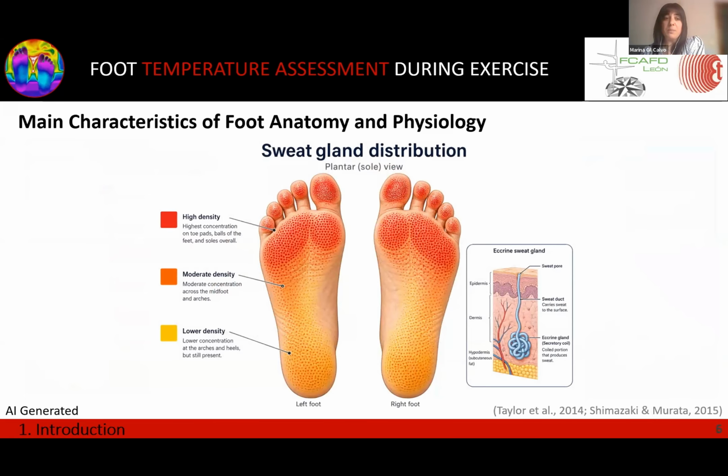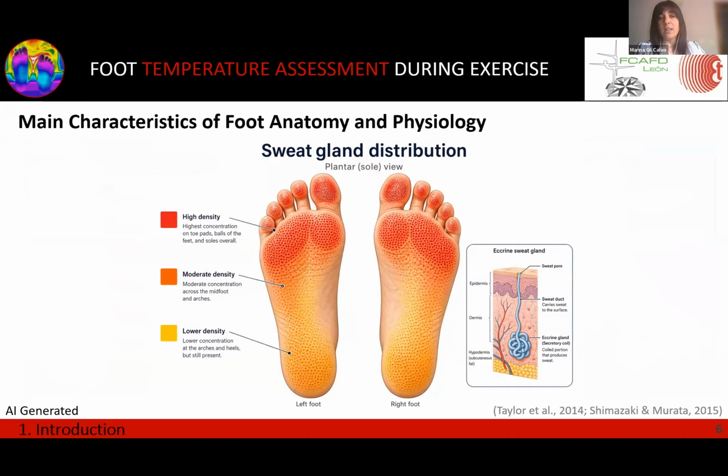In relation to perspiration, of course, this is the main mechanism for heat dissipation in the foot, because we have a high density of sweat glands, mainly located in the plantar surface of the foot. Approximately 80% of the glands are located in the sole of the foot.